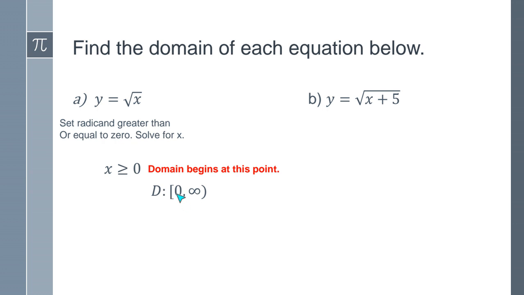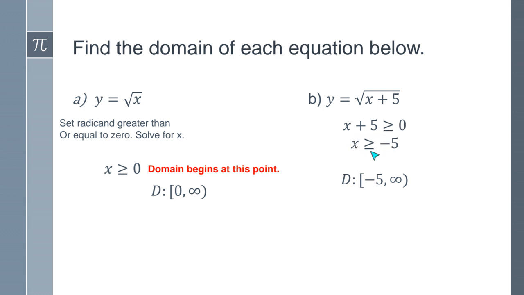So my domain is from 0 to infinity. So again, all of these numbers, if you put them in for x, they're going to be positive in the square root. Let's try B. So here we have no fractions, but I have a square root. So that means that I need to take my radicand, which is everything inside of the square root, set it greater than or equal to 0, and solve for x. So if I subtract 5, I get x is greater than or equal to -5.